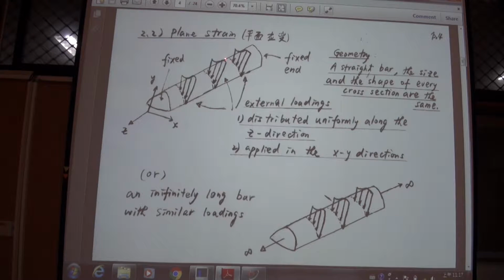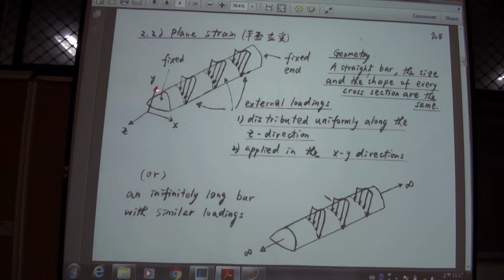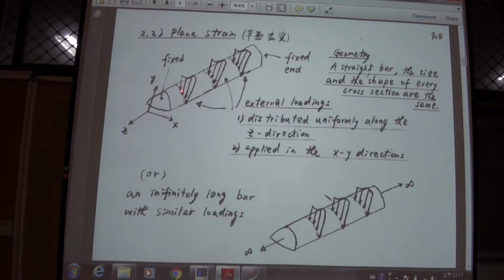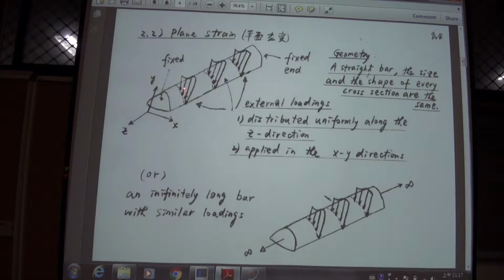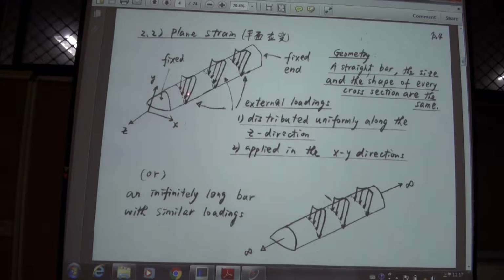We want to mention that even though we have a straight bar, if the loading is not very special, then the problem still cannot be reduced to a two-dimensional problem. So we have a very special shape of the bar, but we still need some special loading in order to get a simple problem.